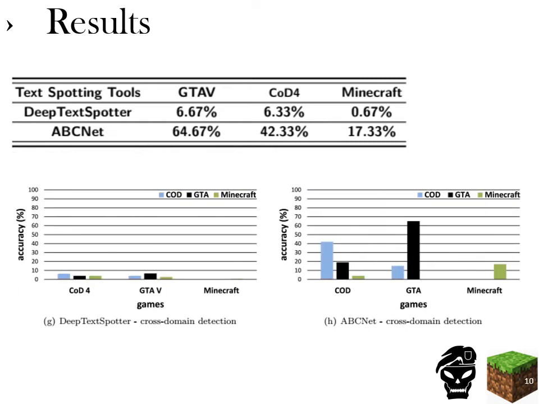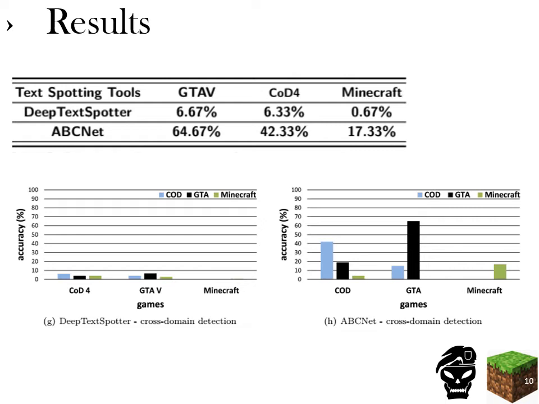And we look at one other interesting result from here, which is that we try to see whether these results can be generalized. Can I retrain a tool for one game and use it to detect text in another game? How would that work? What kind of result will I get? So here, as you can see, for the case of Call of Duty 4, if you retrain ABC-NET, performance improves to 42%.